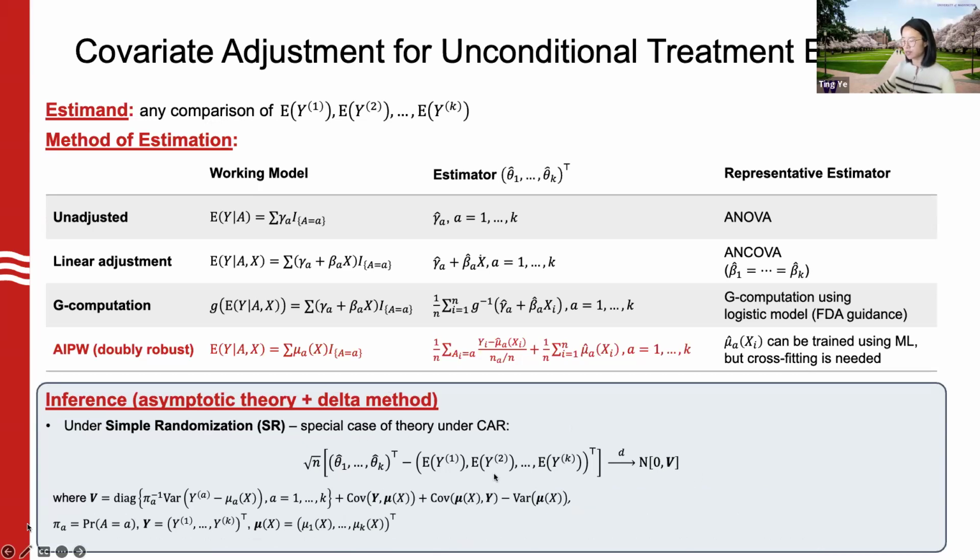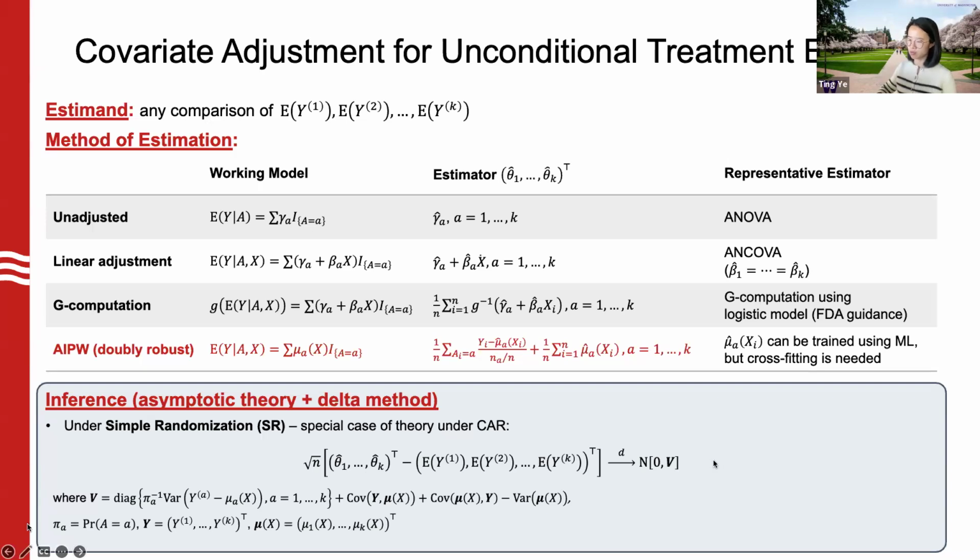And once we have this asymptotic distribution, then it's quite easy to derive the asymptotic variance for any contrast of these estimators. Like if we're interested in the average treatment effect, which will be the difference of two estimators, or the ratio of two estimators, which is more common in the count data setting, or even the odds ratio of these estimators, then it's very easy to apply the delta method to obtain the variance for the contrast.